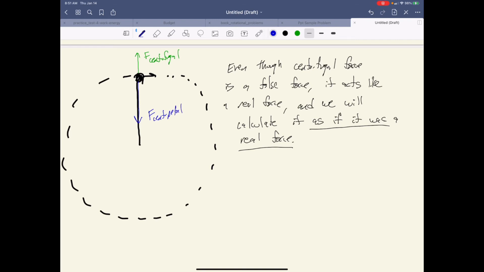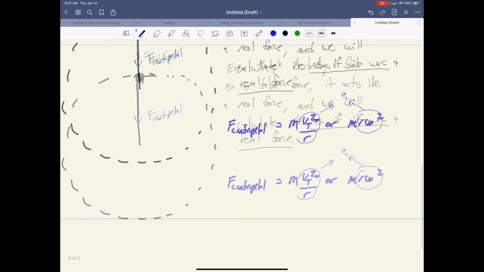And we know that the equation for centripetal force is m v sub t squared all over r, or m r omega squared, right? Because F is equal to ma, and either this or this were your a sub c's, right? So ma.